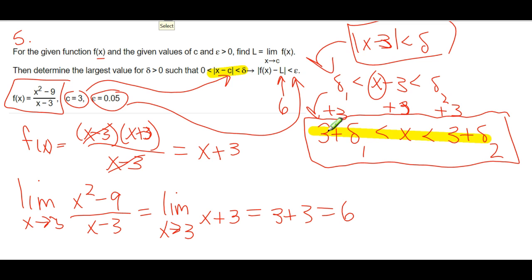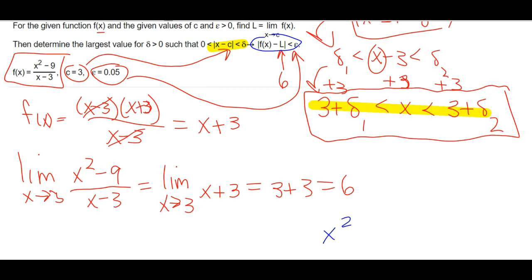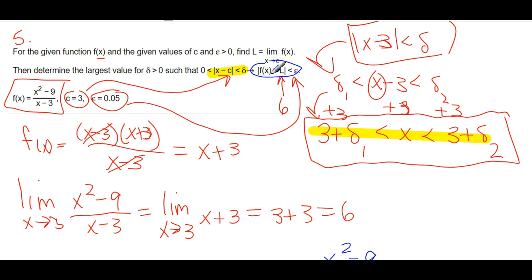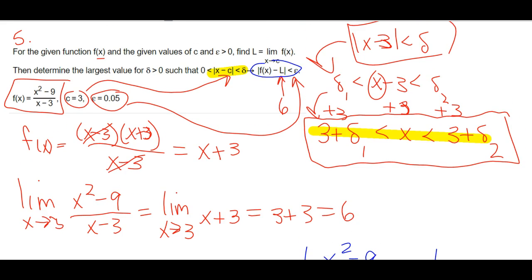Now I'm going to get another inequality, I'll do it in blue, from this part. Alright, f of x is this thing right here: x squared minus 9 over x plus 3. That's our f of x. Minus L, minus 6, in absolute values is less than epsilon. Again, epsilon is 0.05.